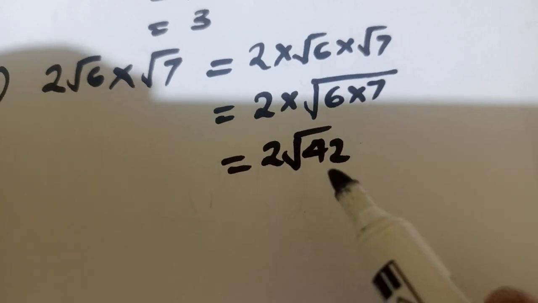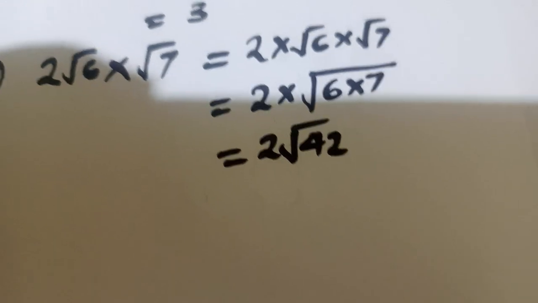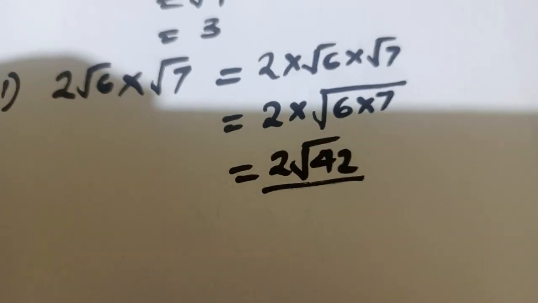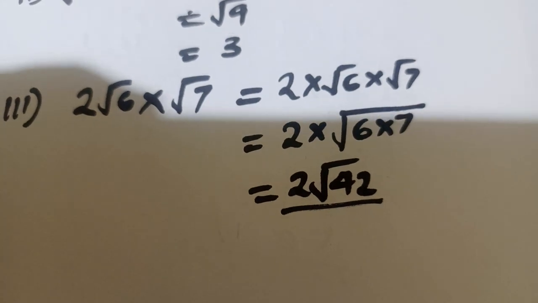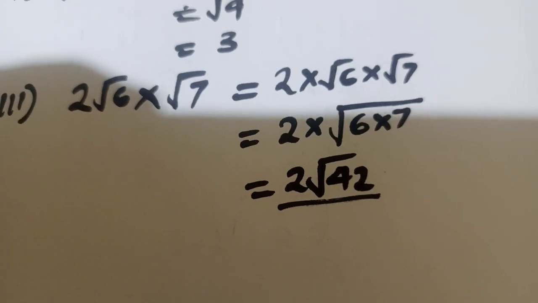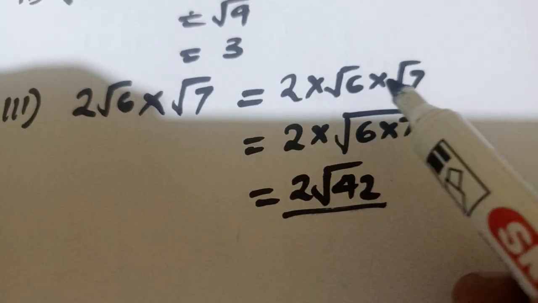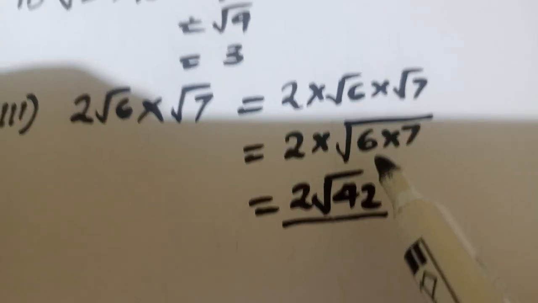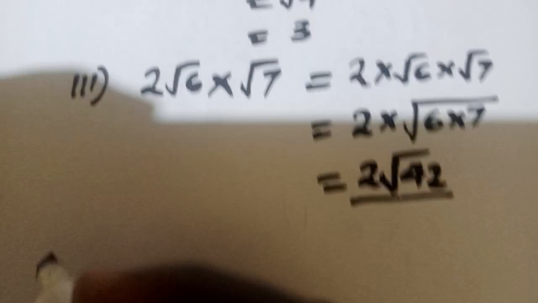No. Root 42 can't be simplified further than what we have. And so this is the final answer of 2 root 6 multiplied by root 7. So the key thing is how we go about the multiplication of surds, as we showed earlier on. Let's consider a case of division.